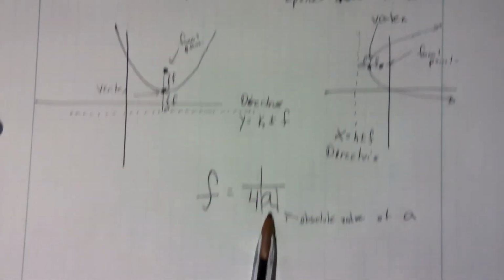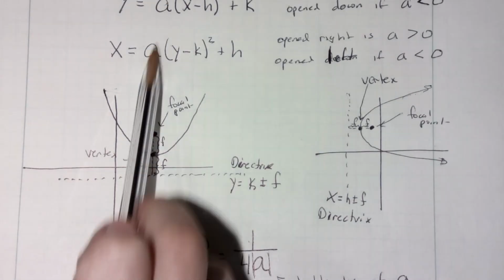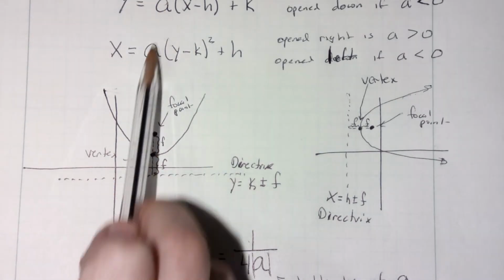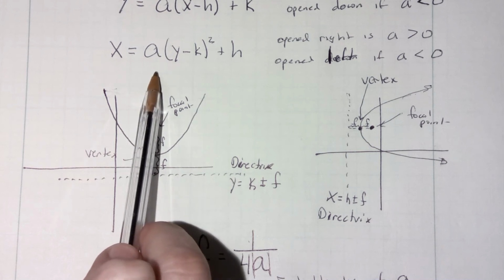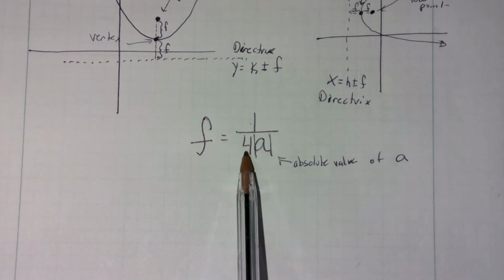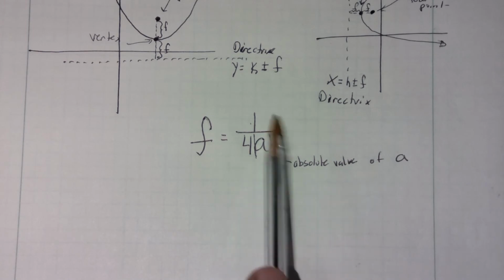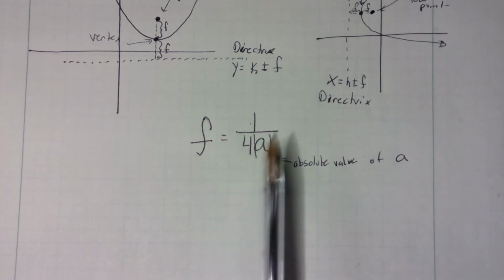So as we look back up at these equations, this a value, this stretch, is what affects the focal length. We take that a value, multiply it by 4, and put that under 1. So it's 1 divided by 4 times a. I have absolute value bars because the focal length is always a positive number.